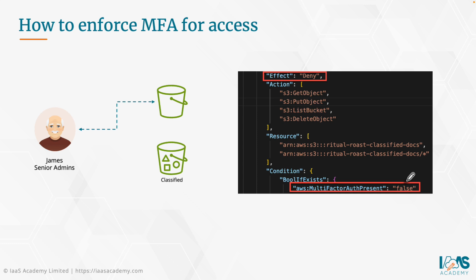Okay, he is not logged in with multi-factor authentication. As a result of that, if he tries to access the classified bucket, he's just going to be denied access. If we then go in and get James to set up an MFA service using his mobile phone or hardware token or whatever it might be, and we apply this policy to James, either directly to James himself or to the senior admins group, which means that James and other members of the senior admins group will inherit that permission, then James would need to configure himself with multi-factor authentication using an MFA device, either a hardware device or a mobile app or whatever it might be.